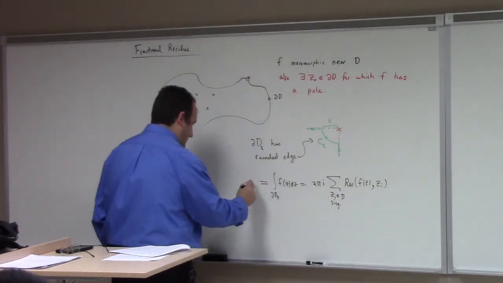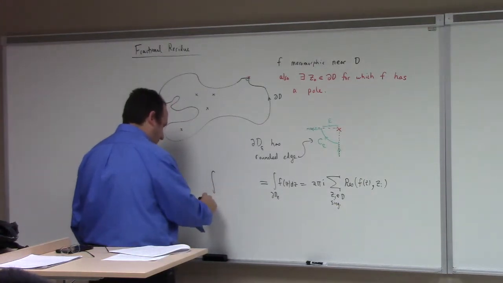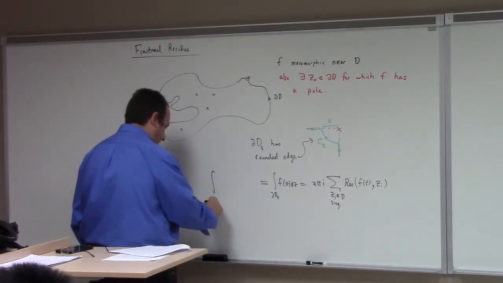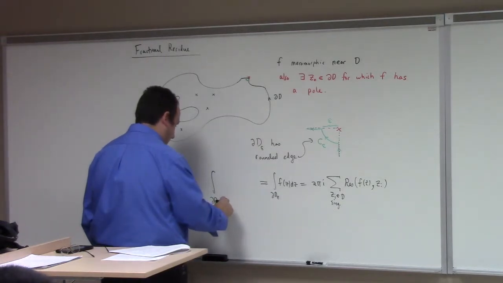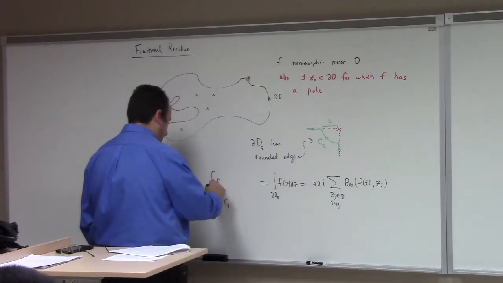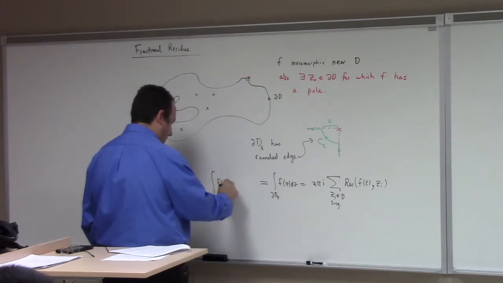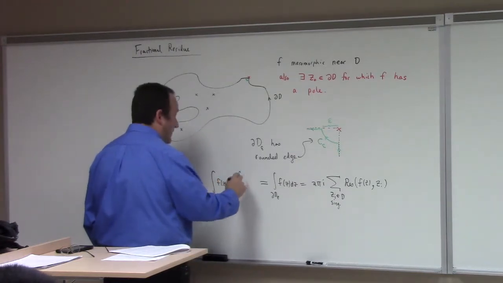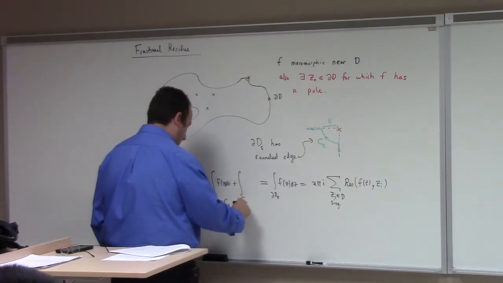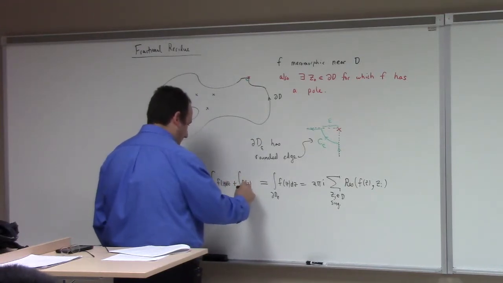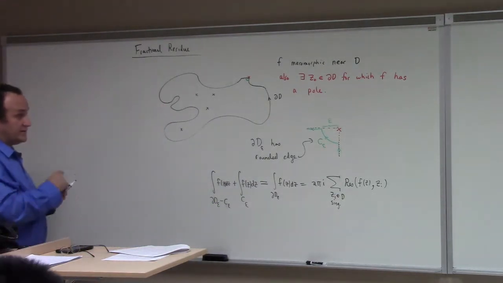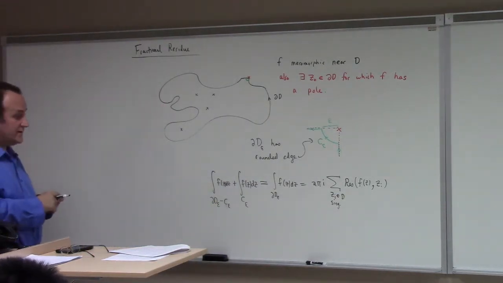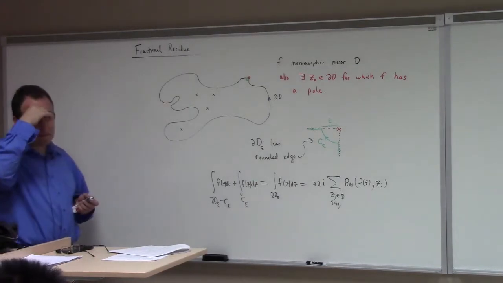This is equal to the integral over the boundary of D epsilon without that little corner piece, right? So that piece. And then plus the integral around the little corner piece, right? And the thing is, we can explicitly calculate the integral around the little corner piece and then take the limit as epsilon goes to 0.